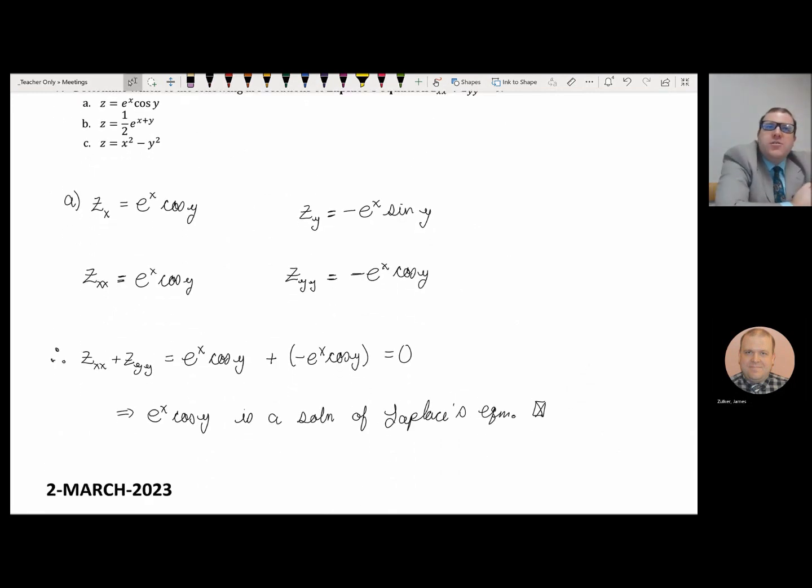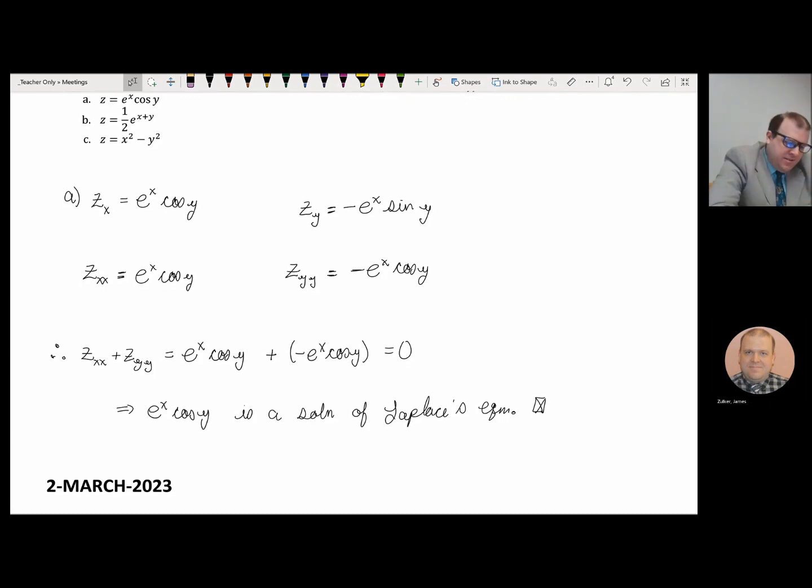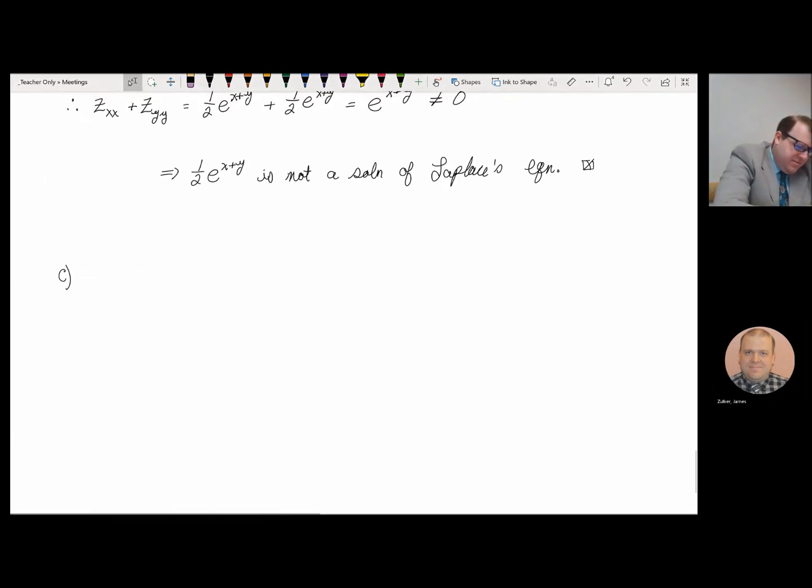X squared minus y squared. What's the partial with respect to x?